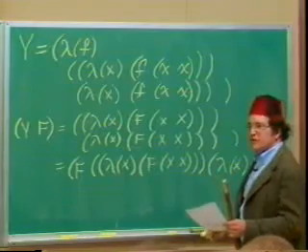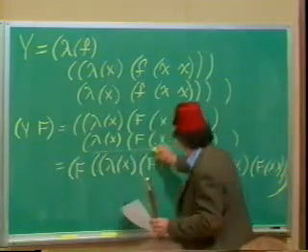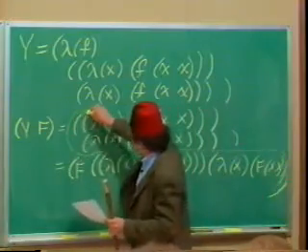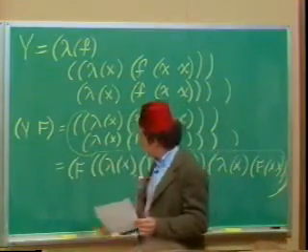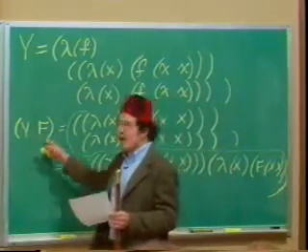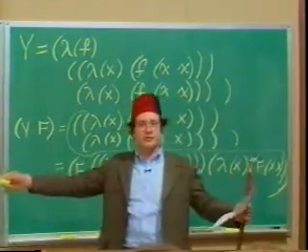Oh, but what is this? This thing over here that I just computed is this thing over here. But I just wrapped another f around it. So by applying y to f, I make an infinite series of f's.